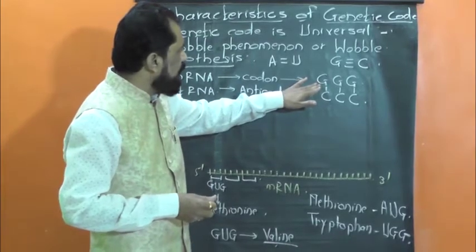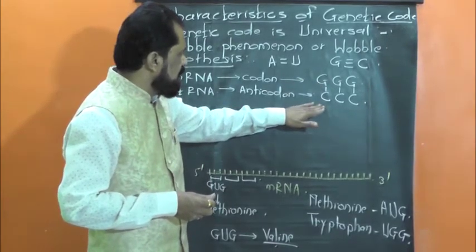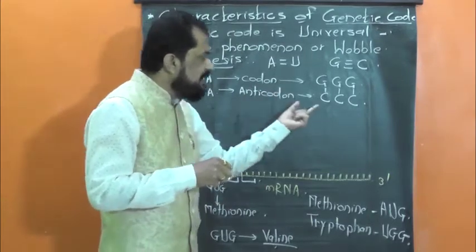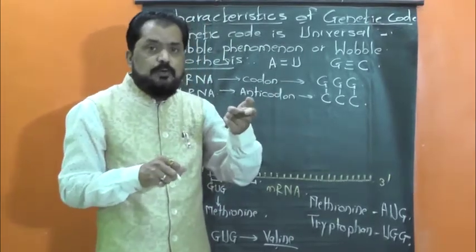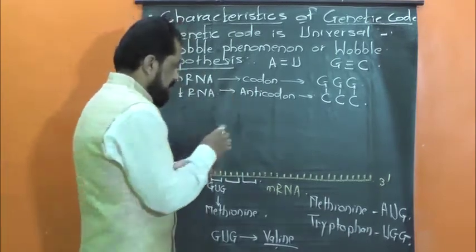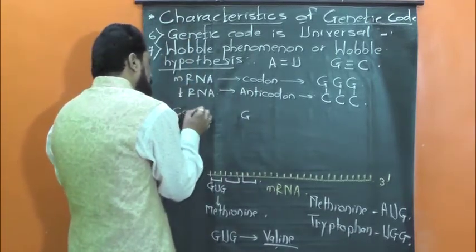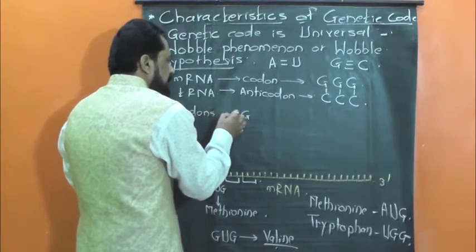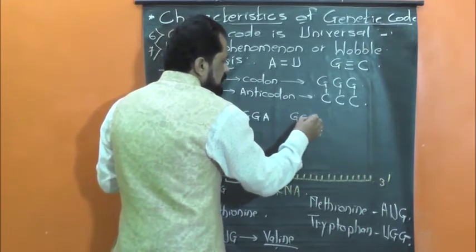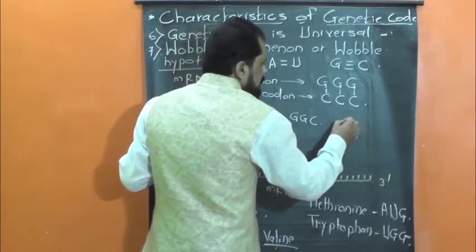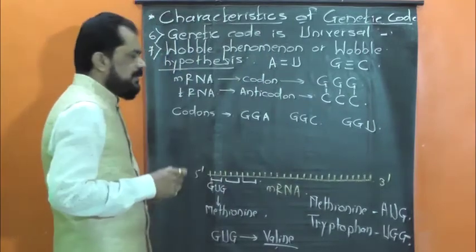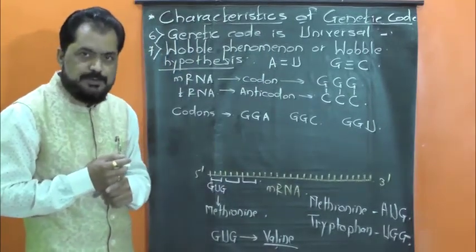Okay, now here you can see that there is a precise matching, a complementary matching between the nitrogen bases of codon and nitrogen bases of anticodon, but this anticodon may show pairing with certain other codons, such as here I am going to write few other codons: GGA, GGC, GGU. Here I have written three different types of codons.